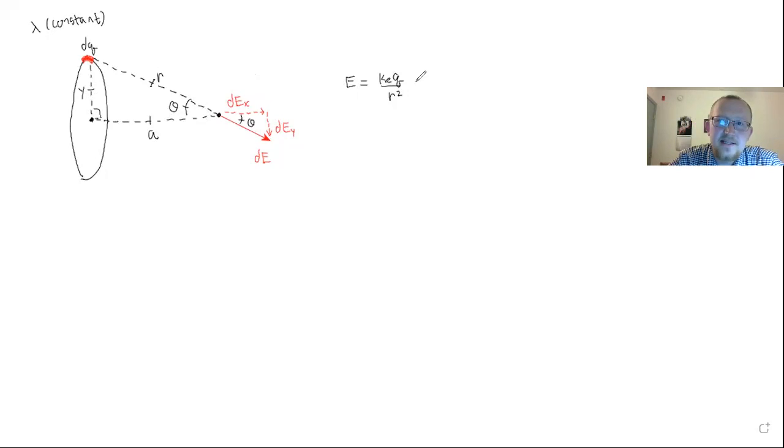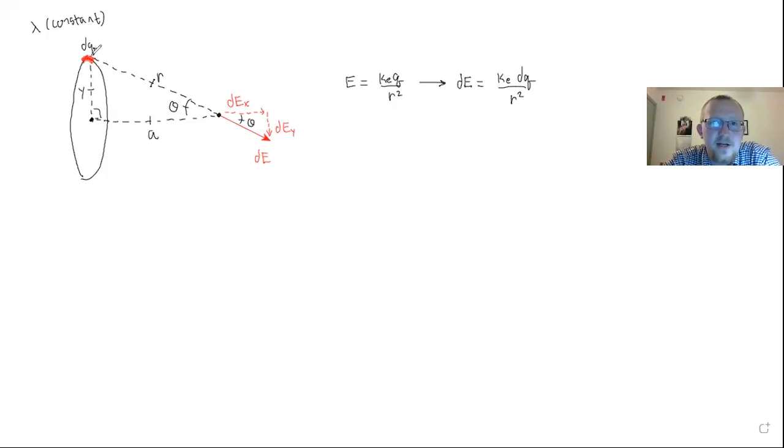So I could write it as an infinitesimal amount of the electric field, dE, equal to Ke, Coulomb's constant, times an infinitesimal amount of charge, dq, divided by the radius between that infinitesimal charge and the point we're interested in, squared. The radius squared. Now we have an equation that we can use for integrating.